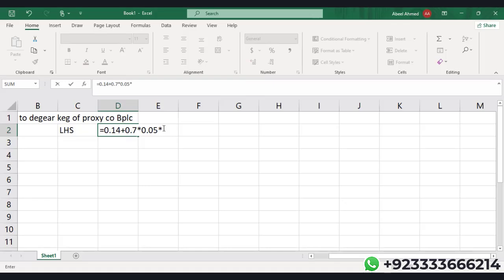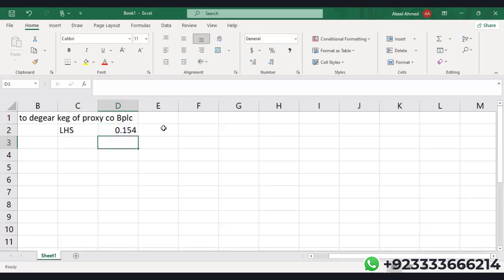Proxy company debt value is 168, am I right? Equity value is 420. Bracket close. Look at the answer, students. Left hand side answer is 0.154.